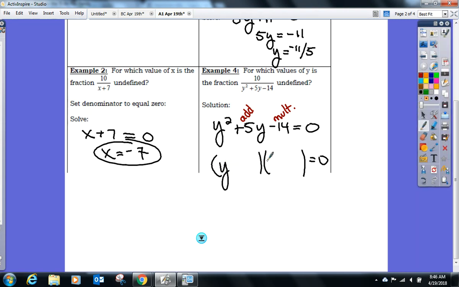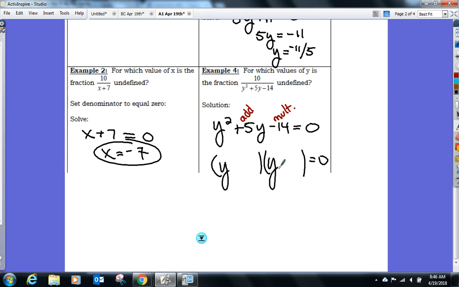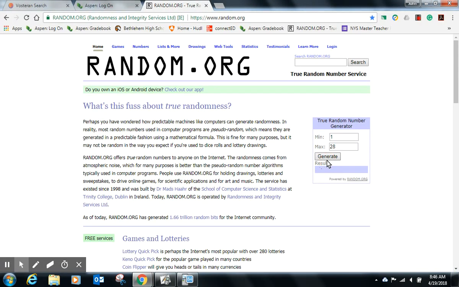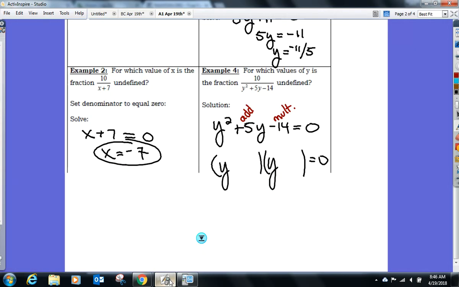I'll select a random young one here in a second to see if they can find any numbers that multiply to negative 14 but add to 5. There's not many out there that multiply to 14. Let's go. 7 and 2. She's got the numbers. Now I just need the signage for it. Go. We're done.